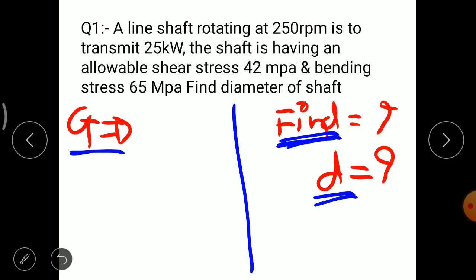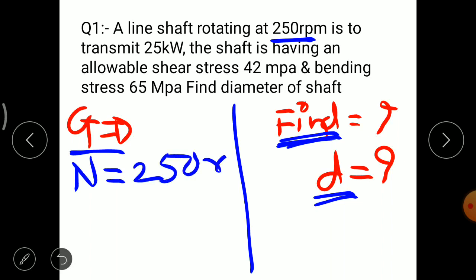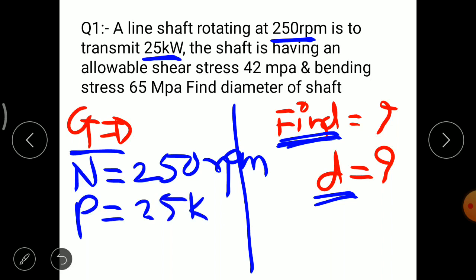Here I write the given data, and on the right side I write what we have to find out, that is the diameter of the shaft. And I will write here what we have in the problem statement, that is RPM, denoted by capital letter N, which is 250 RPM. The second term is the power transmitted, that is P is equal to 25 kilowatt, and we have to convert it into watt.